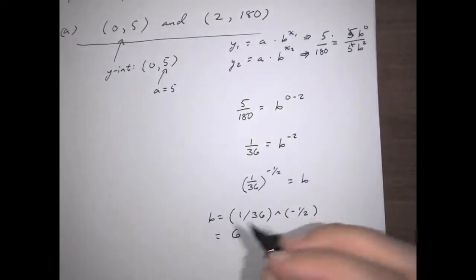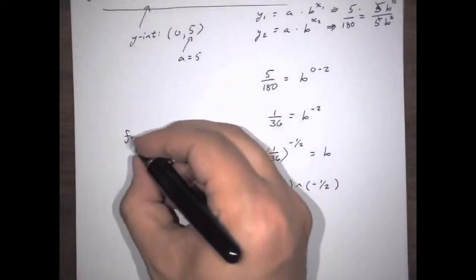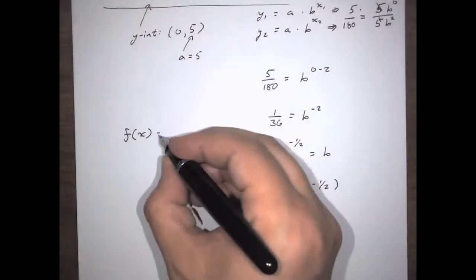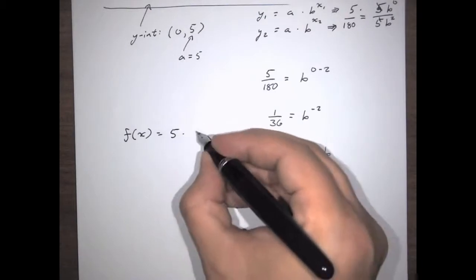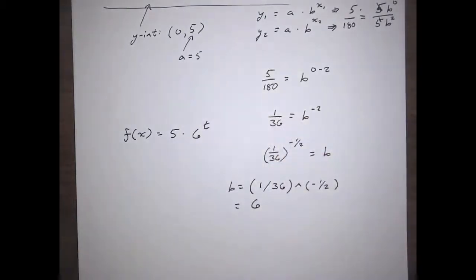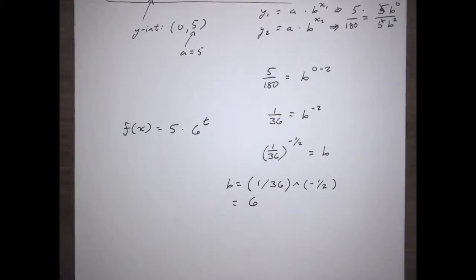So you put the formula together and you've got f of t, or f of x, or whichever way you want to put it. f of x equals 5 times 6 to the t. So that's how that goes.